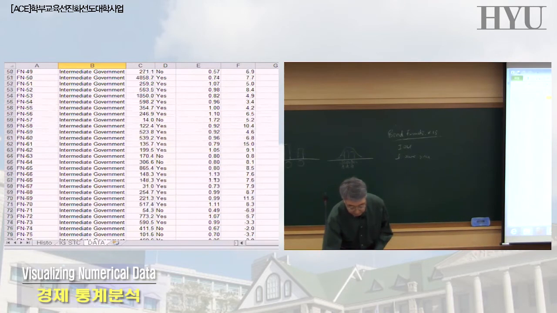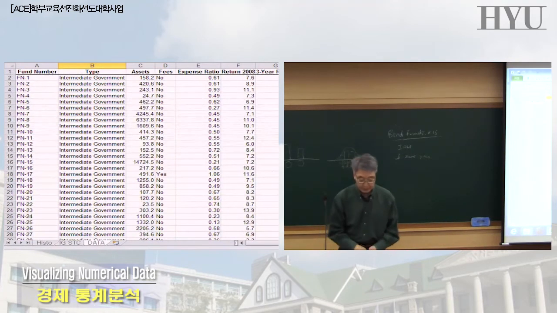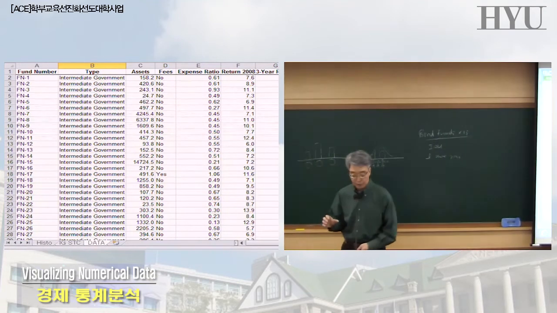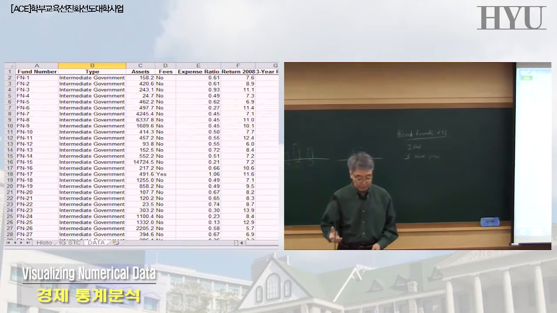And the next variable is assets. Okay? That's the total amount of value of the bond issued. Okay? And maybe this is $1 million, $158 million worth of assets issued.